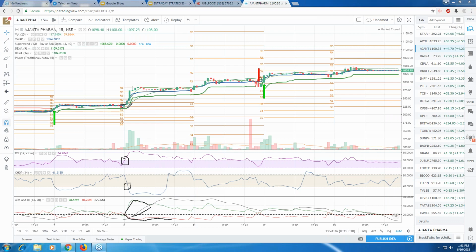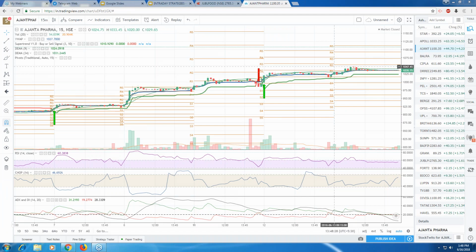The moment the first candle is broken, you can take your entry, right? And let me show you from where to where the stock went. It went from 993 to 1015, from 931 to 1041.